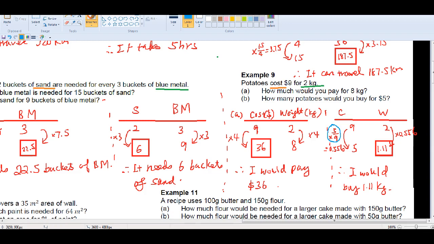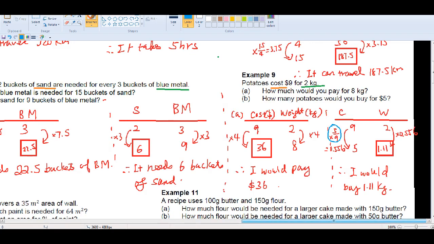So, you try to see if 9 times 5 over 9 is 5, right? And that number actually is a recurring decimal. It should be 0.5555 like this. And on the other hand, you have to multiply the same thing, and the answer is going to be 1.11 kilogram. All right? Okay.